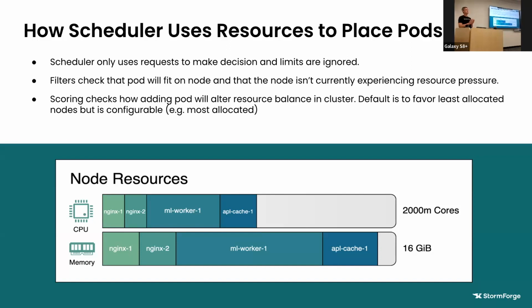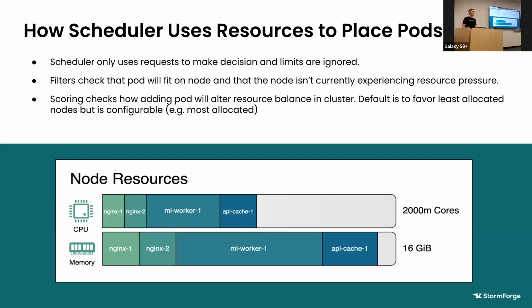First, it takes a whole bunch of nodes and then filters them down to ones which are viable and not viable. And then once it has the ones which are actually viable nodes, it scores each of those nodes on a variety of categories. And the one which has the highest score gets the pod.